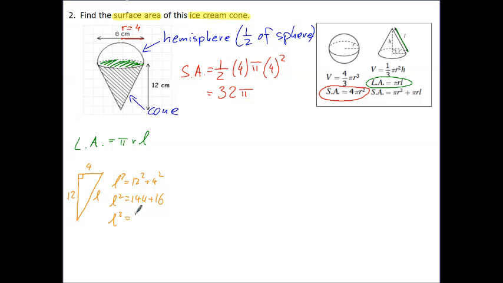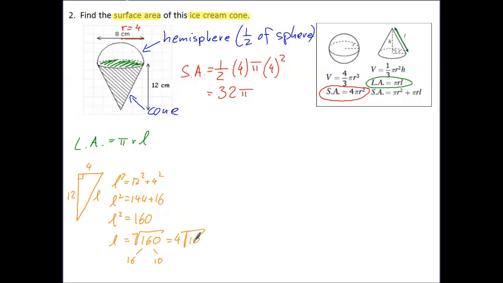L squared is 160. That means that L is the square root of 160. 160 we can split up nicely. There's a 16 in here. 16 and 10. The square root of 16 is 4. So we're talking about 4 times the square root of 10.